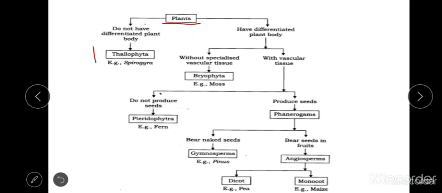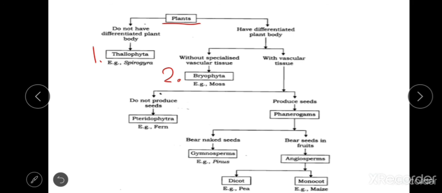Division number one, Thallophyta, and then Bryophyta. Thallophytas do not have a differentiated body. The body is not divided into distinct stem, root, and leaves. Whereas Bryophyta do have a differentiated body, but they do not meet the second criterion, that is the presence of a vascular system.